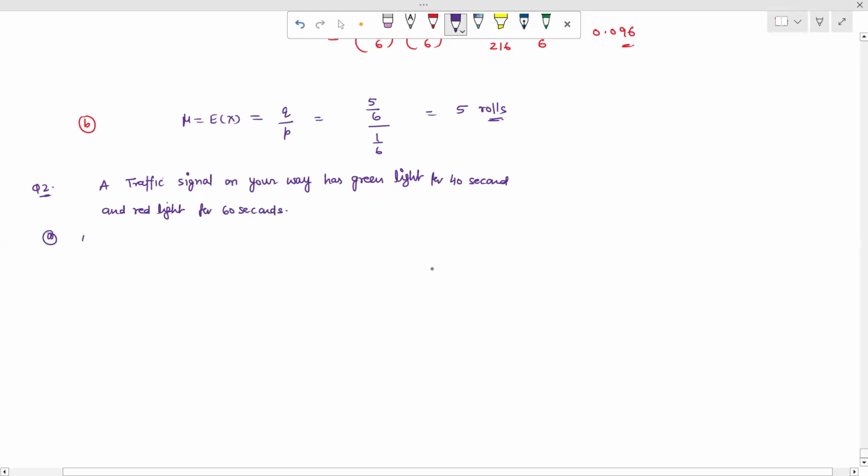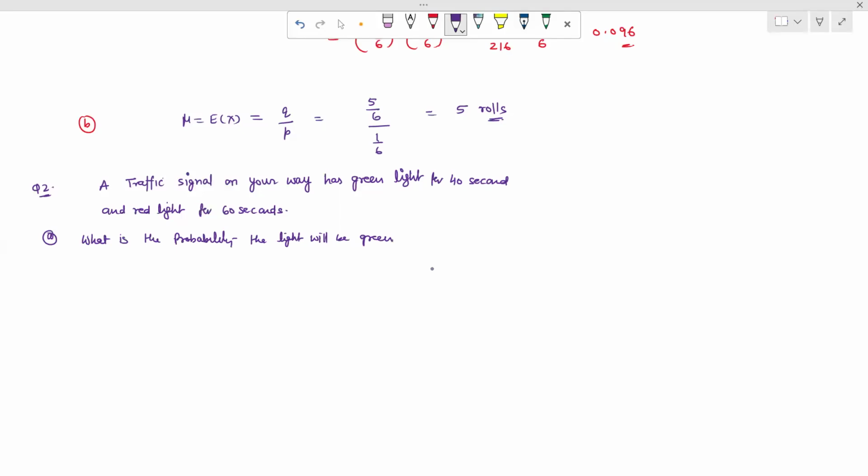So our question is: what is the probability that the light will be green when you reach the intersection at least once in 5 working days?